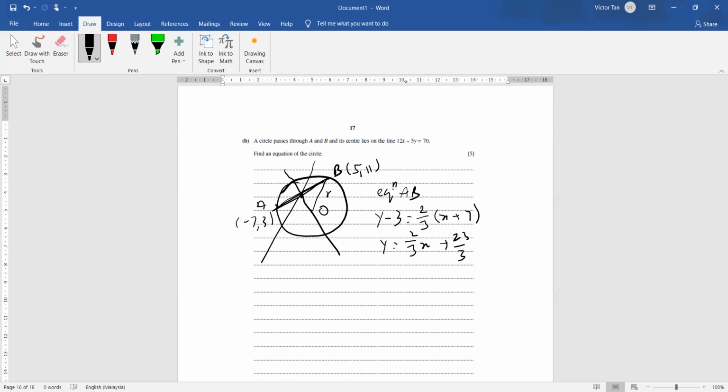The center of the circle lies on this line, 12x minus 5y equals 70. So you want to find the center of the circle.